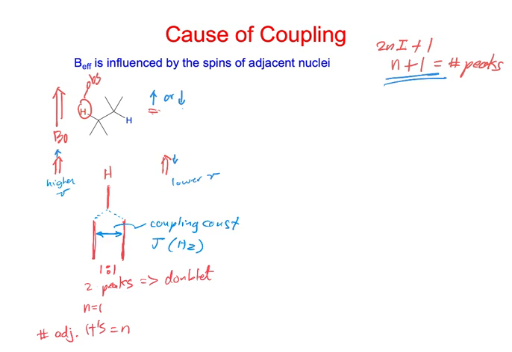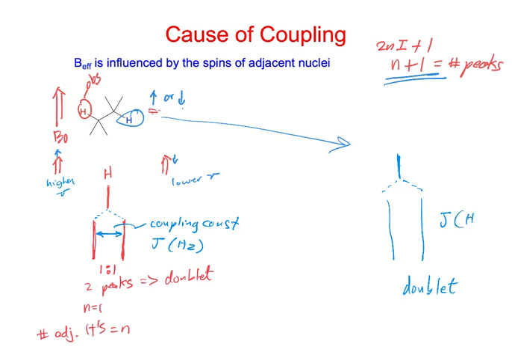The other proton over here, the blue one as well, would start out as a singlet with no coupling. It would also be split by the red proton into a doublet. And this J over here, this one and this one, would match.